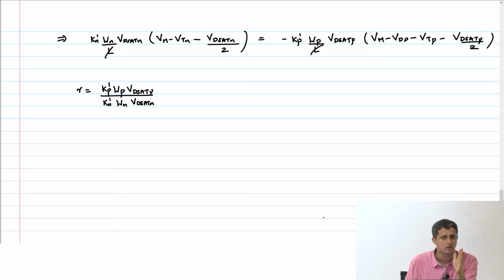Is R a positive number or a negative number? Kp prime is a negative number. Vdsat P is also a negative number. So negative, negative, positive. R is a positive number. Now can you go ahead and derive the expression for Vm in terms of R and the remaining technology parameters? Of course Vdd is also there.